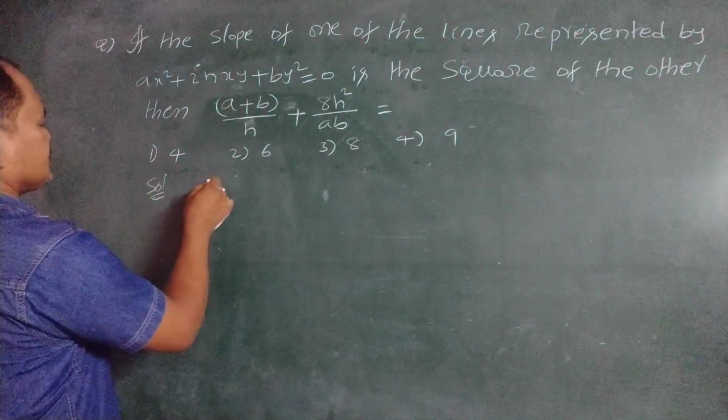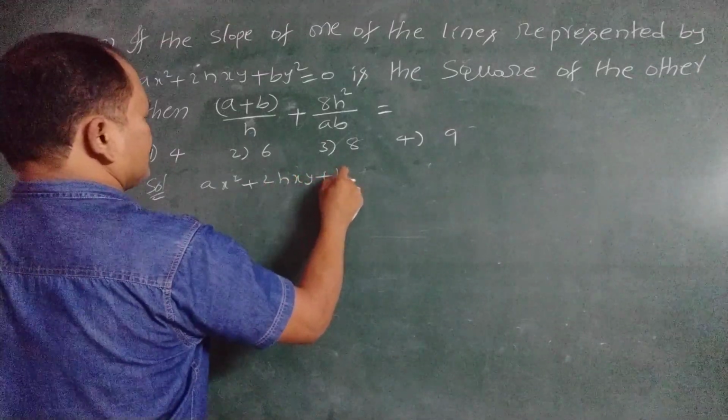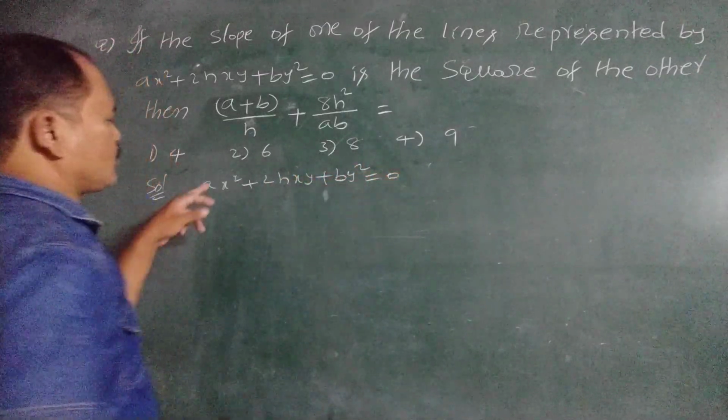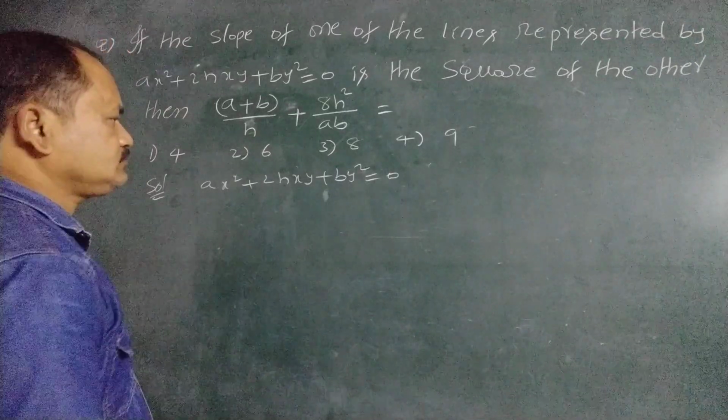Solution: the given pair of lines, ax² + 2hxy + by² = 0, is the standard form of the homogeneous pair of lines.